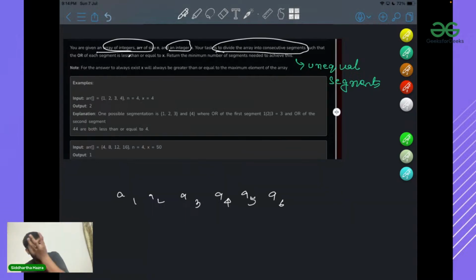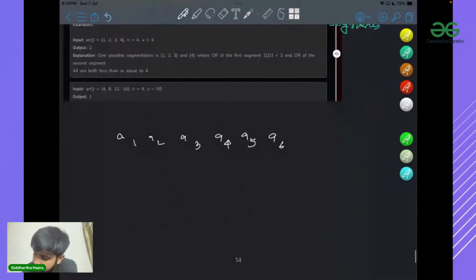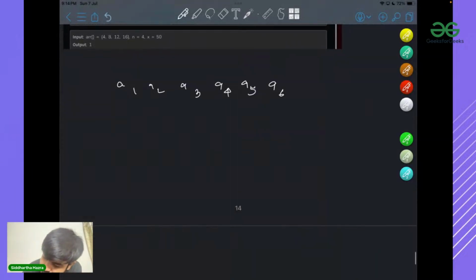In that scenario, binary search seems to be a very good fit. But for this it is a little bit of overkill. Okay, so now the sum of each segment is less than or equal to x. So what is the question that is asked?